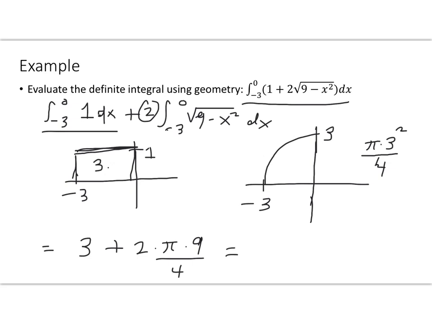And if we wanted to get fancy here, we could factor out the 3, and we get 1 plus pi over 2. So the total area is 3 times the quantity 1 plus pi over 2.